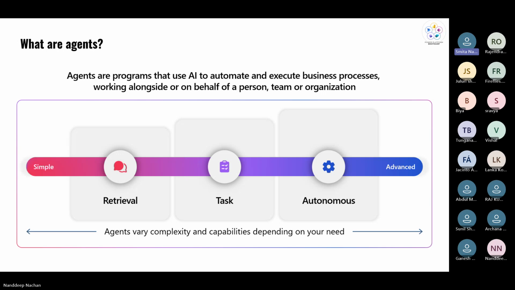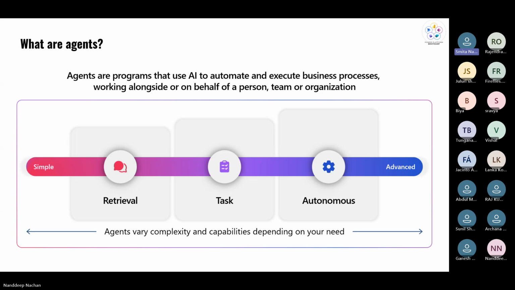At the advanced end, autonomous agents can reason, make decisions, and carry out multi-step processes with minimal human involvement. So the key idea is that agents are flexible. You can start small with simple information retrieval and gradually evolve towards more advanced autonomous capabilities as your use case and confidence grow.